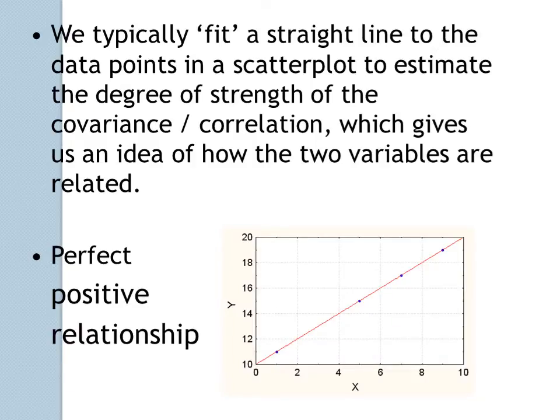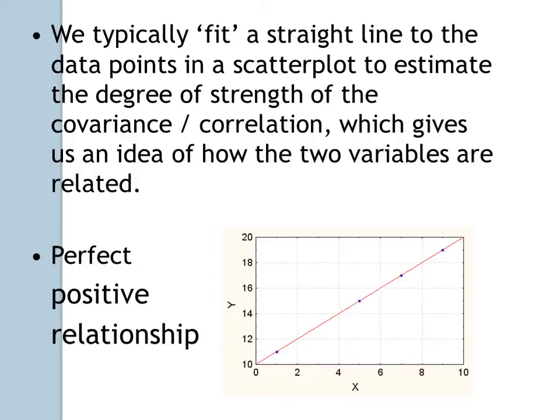So what we typically do with this data is fit a straight line to the data points, and that straight line is supposed to give us an idea of how well the two variables are related to each other. For example, if you look at the scatter plot on the board, there is a red line going through the scatter plot from the bottom left corner to the top right corner, and there are blue data points exactly on that red line.